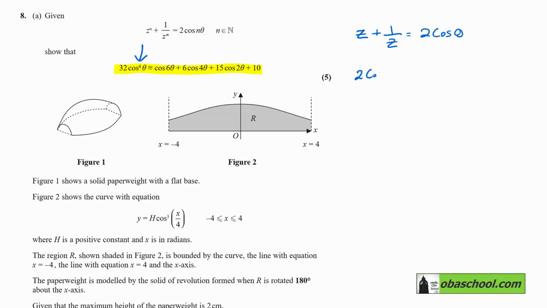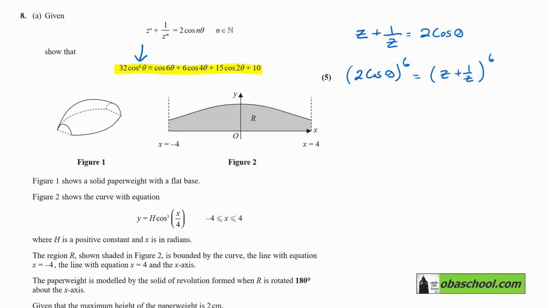If I do 2 cos theta to the power 6, that's going to be equal to z plus 1 over z to the power 6. And we can expand that out using the binomial theorem.